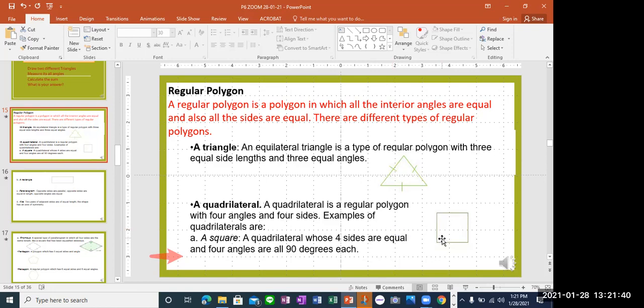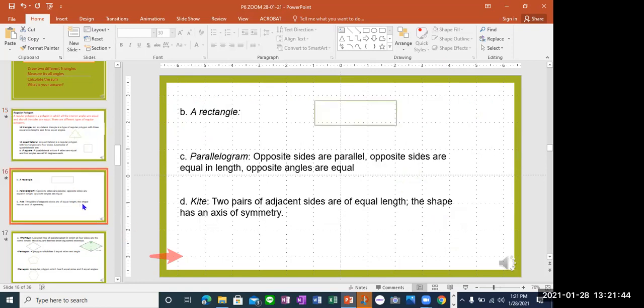The perfect example for that is your square. And then another is the rectangle. So this rectangle has 2 pairs of equal sides and 2 pairs of equal angles.